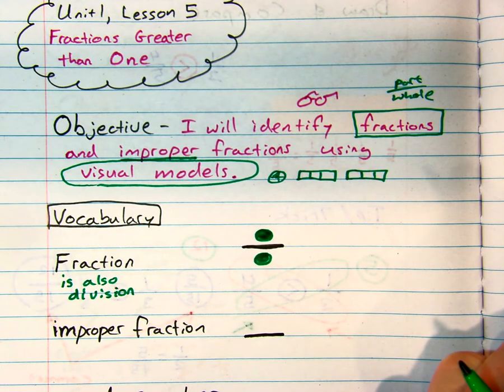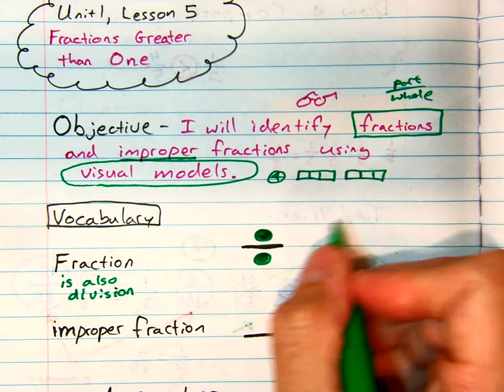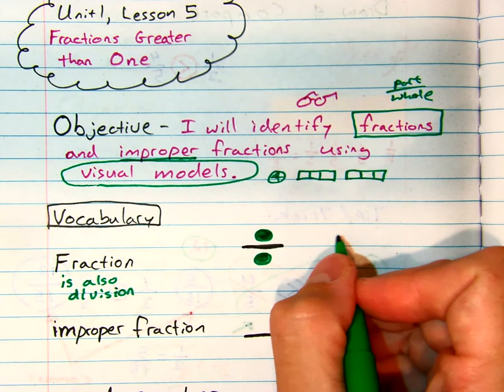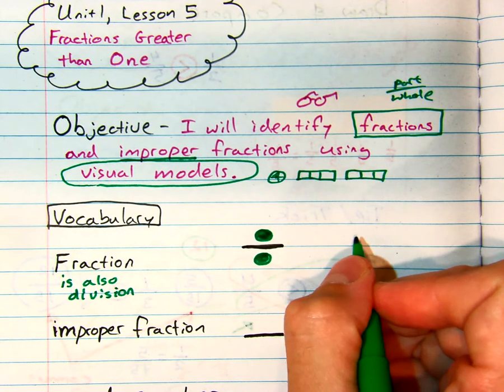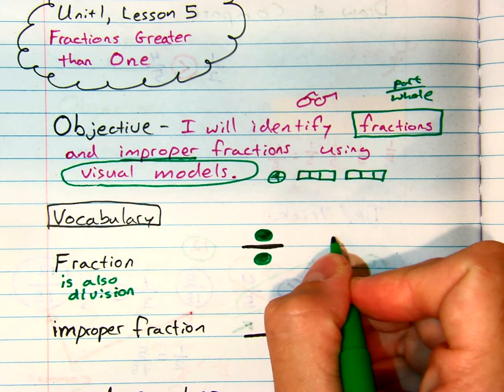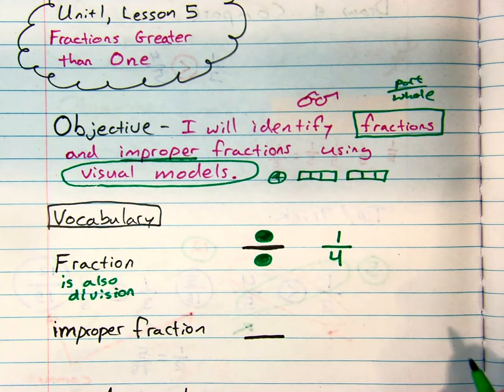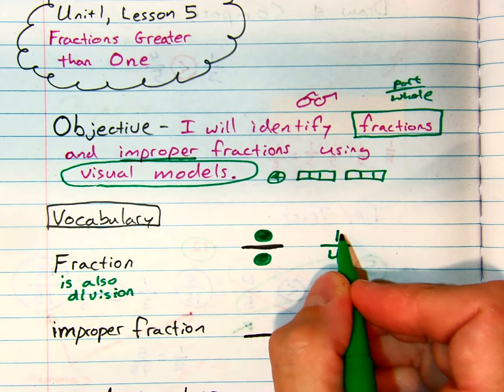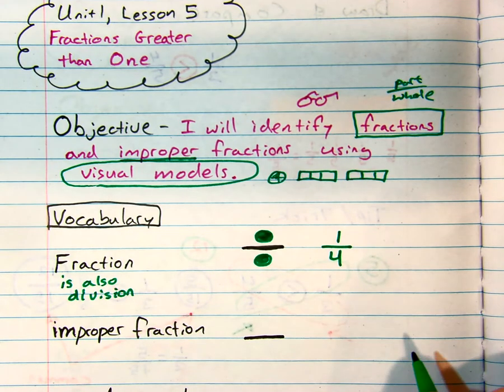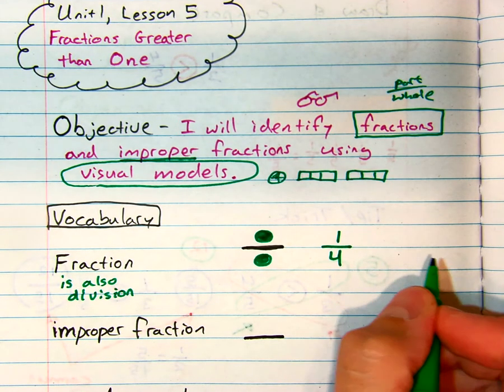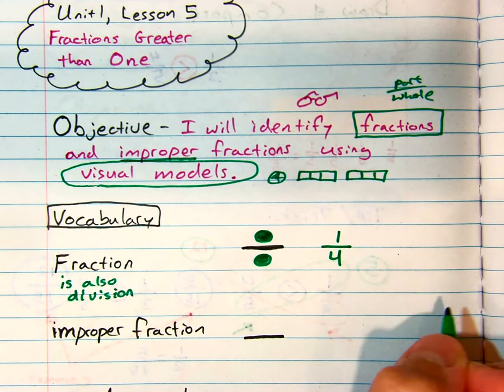That's right, we see division. So literally, it's a division problem, a numerator over a denominator. So let's take a simple fraction like 1/4. So we're taking 1 and dividing it into 4 pieces. So you're getting 1/4 of the whole.